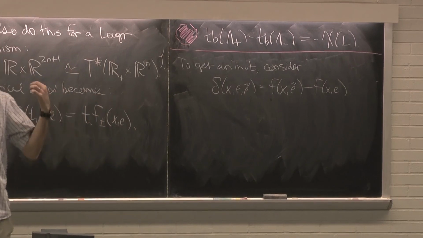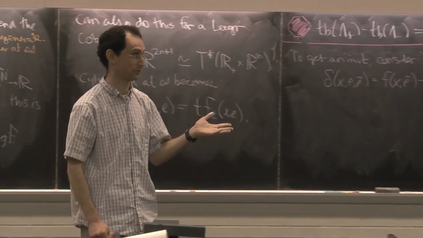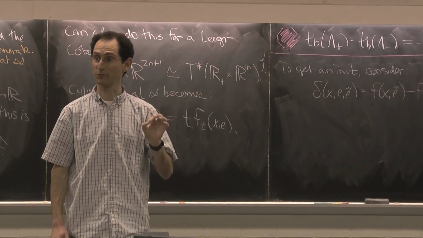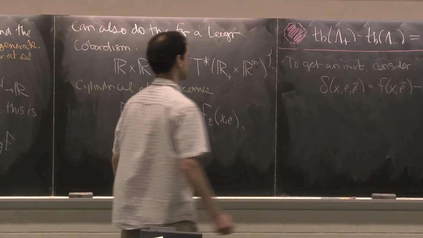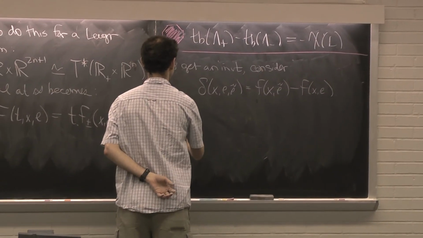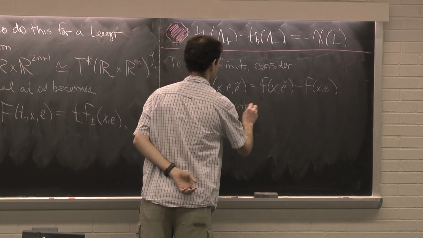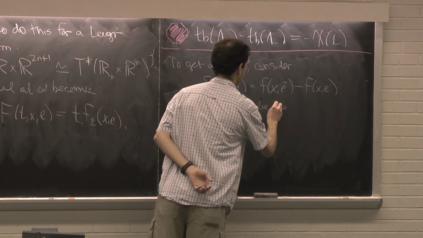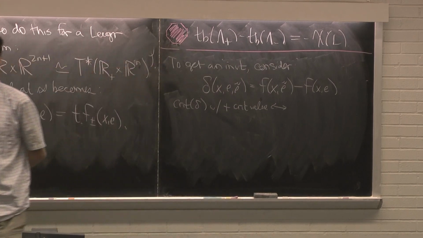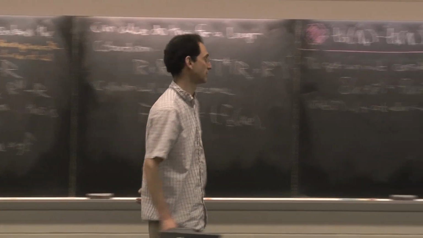And the nice thing about this difference function is it's very easy to compute that the critical points with positive critical value are in one-to-one correspondence with the Reeb chords of the Lagrangian submanifold.